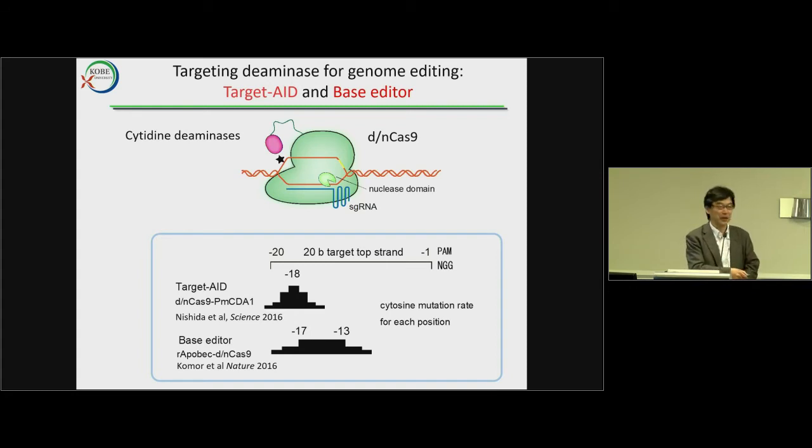But don't worry, we are not fighting. That's pretty important: David Liu's team and our team try to collaborate. In a sense, that has helped a lot of people. Anyway, I could say this system works as a very pinpoint, very specific base editing system.